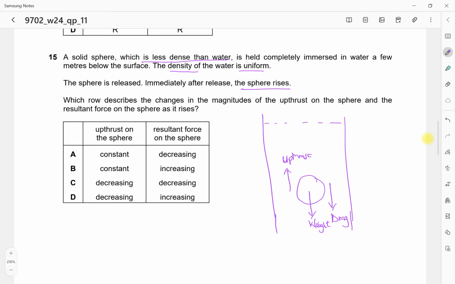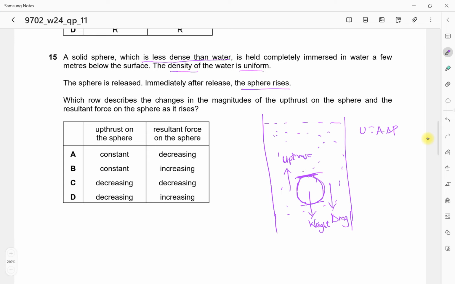Of course, if it is fully submerged, then the upthrust remains constant, because the upthrust is equal to the cross-sectional area times the difference in pressure between the top and the bottom. That depends on the difference in height between the top and the bottom, and it is going to remain constant if it is fully submerged.